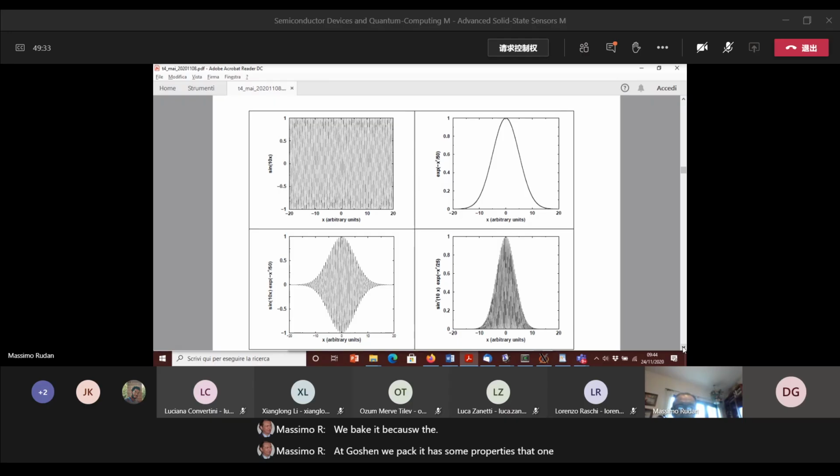One property, something that we shall see later, is the so-called minimum uncertainty wave packet. It is the form of the wave packet in which at the same time the extension of the packet in the physical space and in the K space are the narrowest together.